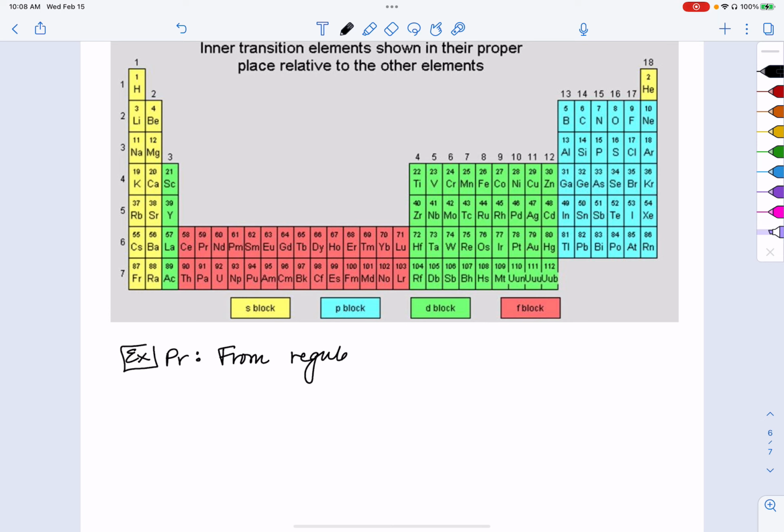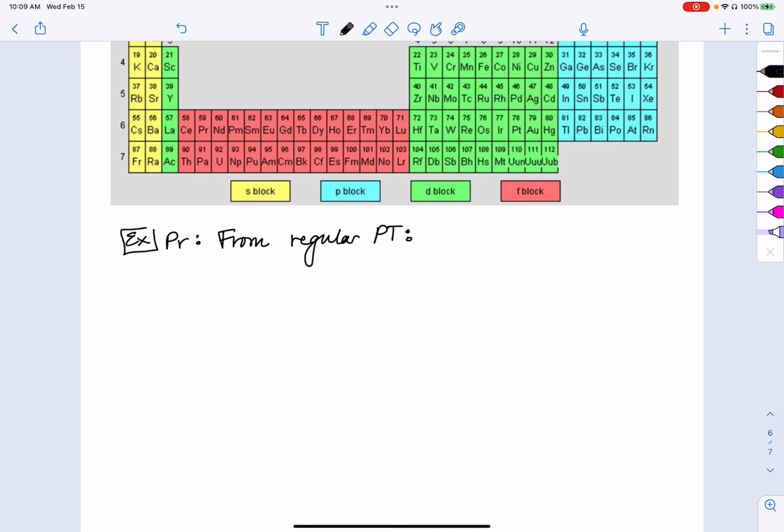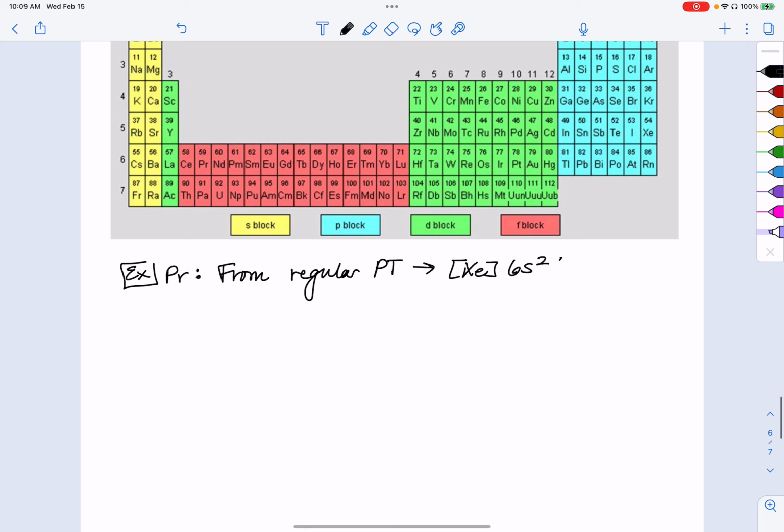From our regular periodic table, we had an electron configuration that was xenon, 6s2, and then 4f3.